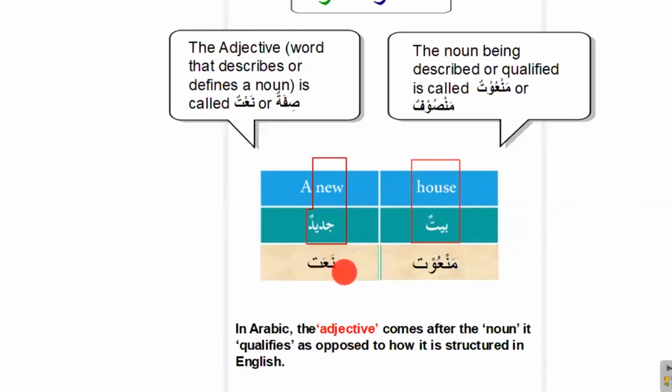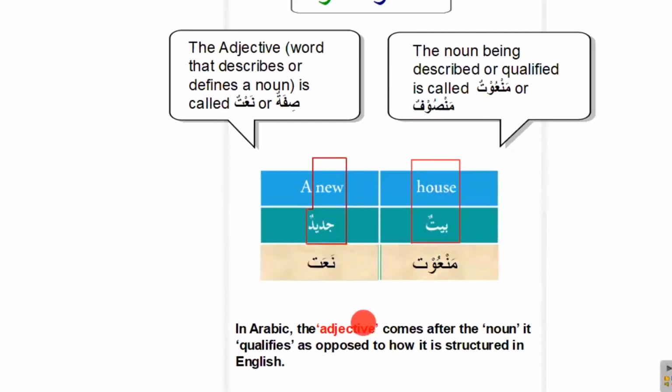So that's what we call na'atun. And then the noun being described or qualified is called man'ut or al-mawsuf, mawsufun. Man'utun or mawsufun. I hope that is clear. There's nothing confusing here.